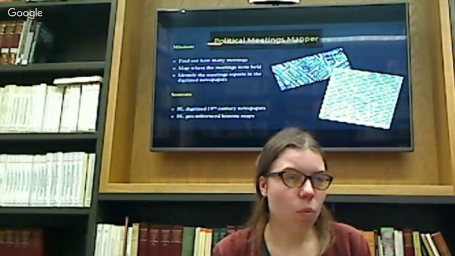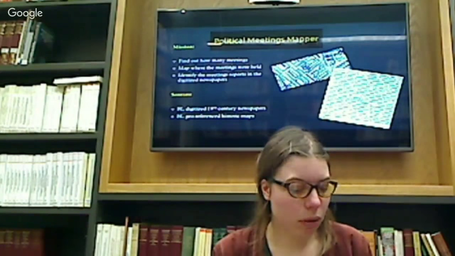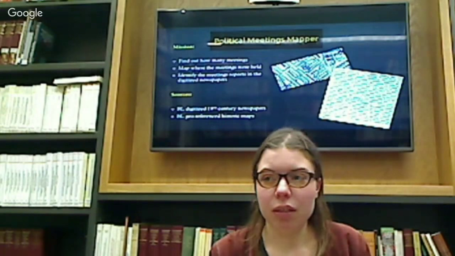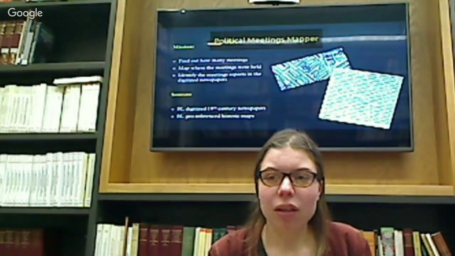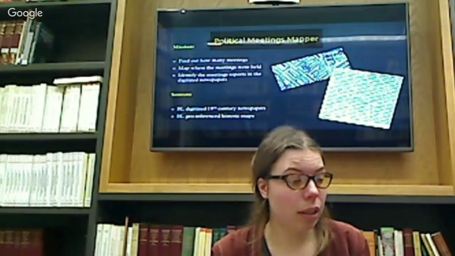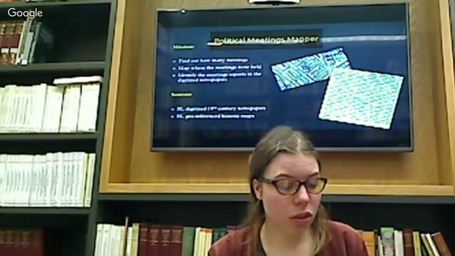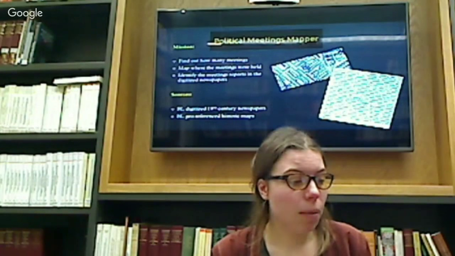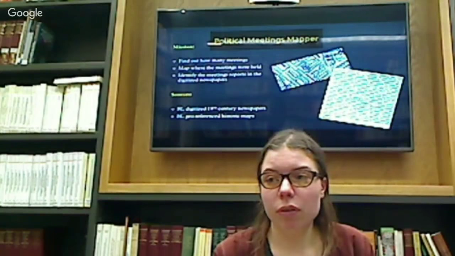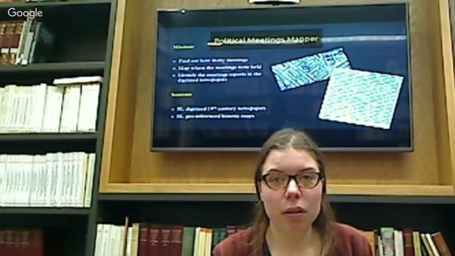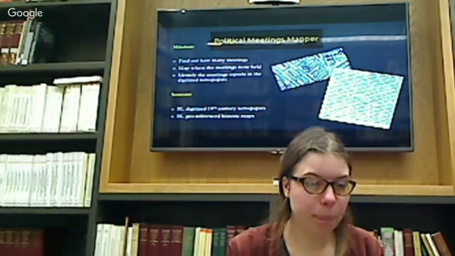So can we identify what that type of column looks like digitally? The sources are the digitized newspapers, and we're also using the georeferenced historic maps in the BL collection.